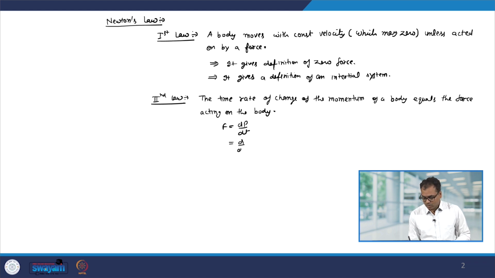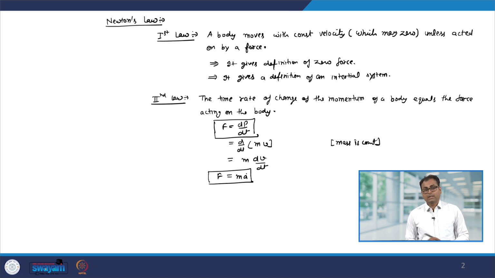So, this is d over dt of m v, and let us say the mass is constant. In that case, we can write it as m dv by dt, and dv by dt is the acceleration. Therefore, it can be written as ma. So, either F equal to dP by dt, or if the mass is constant, then F is equal to ma. Now, I am not elaborating more on this because we are already familiar with that.